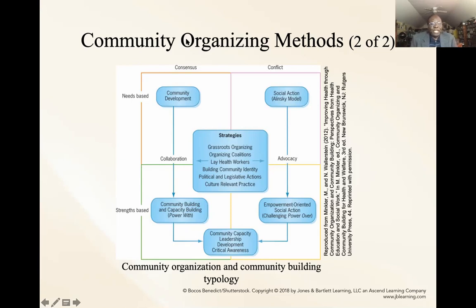Okay. Then from there, you develop this collaboration wherein people start working together hand in hand. The strategy is a root: you start at the grassroots, organizing. Start with families, with small groups.